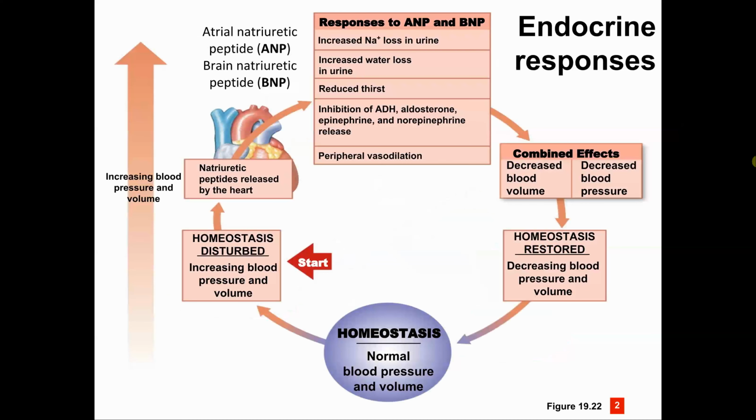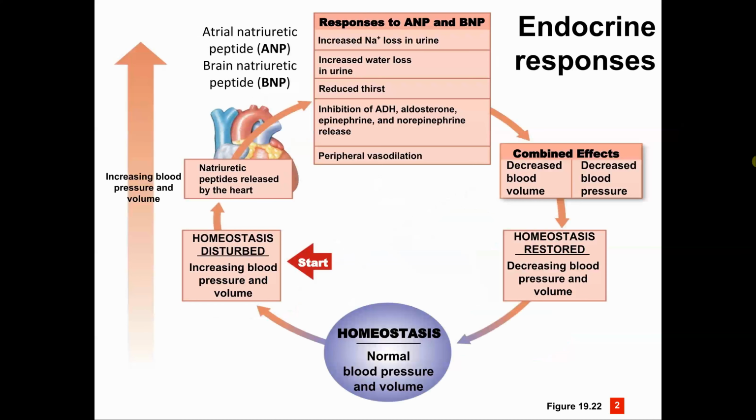All right, so that was the endocrine response to low blood pressure. Here's the endocrine response to high blood pressure. So you've got too high blood pressure. The heart releases these chemicals called natriuretic peptides. Two different ones, atrial natriuretic peptide and brain natriuretic peptide.